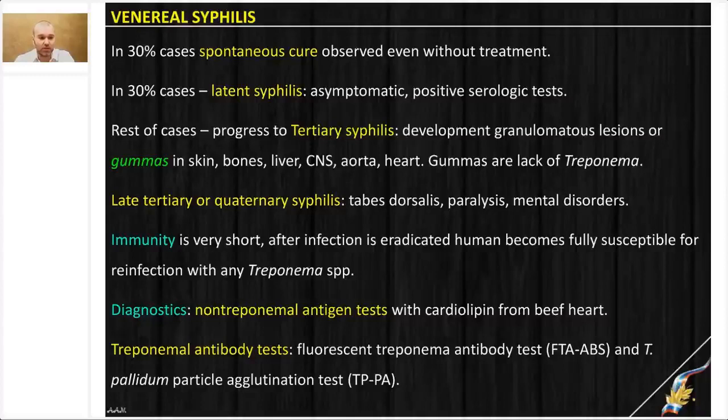In Russia we call it late tertiary syphilis because it is a consequence of tertiary syphilis, when a significant amount of neural tissue is involved and destroyed. People will have complications and manifestations as a result of that neural tissue damage, and can manifest with different paralytic disorders in the extremities, fingers, toes, legs, any area.